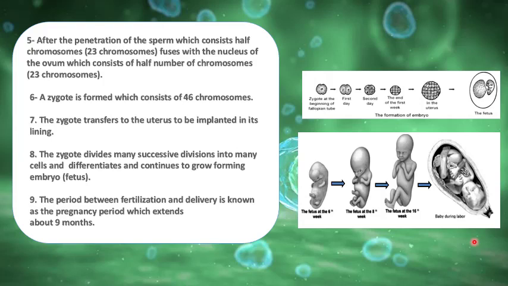Number 7, the zygote transfers to the uterus to be implanted in its lining. Number 8, the zygote divides through many successive divisions into many cells, differentiates and continues to grow, forming the embryo. Number 9, the period between fertilization and delivery is known as the pregnancy period, which extends about 9 months.